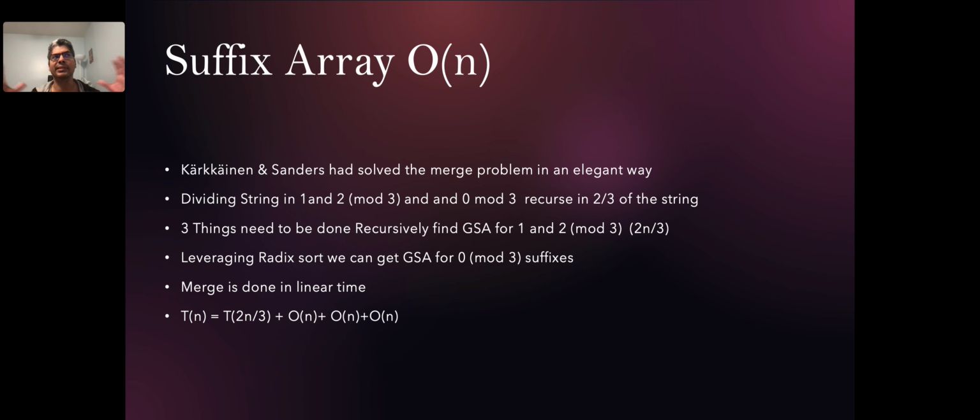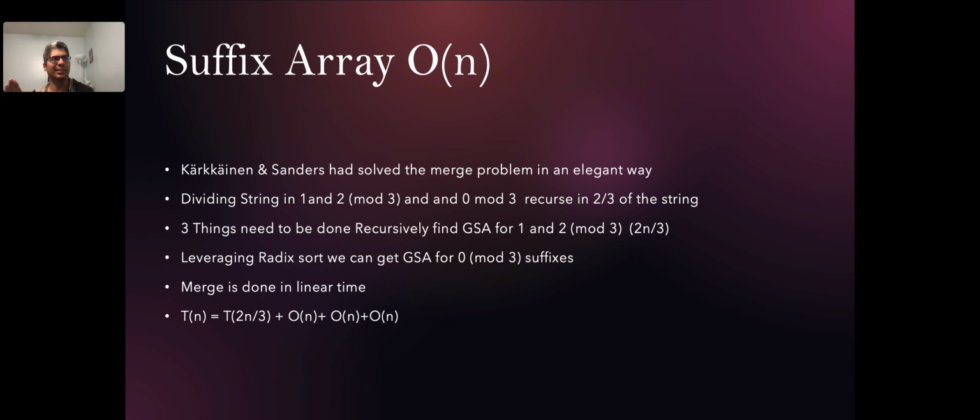So there's this proportion, the part that has two thirds of the suffixes, and I recursively sort this two thirds part, and three things have to be done. I have to sort this two thirds.